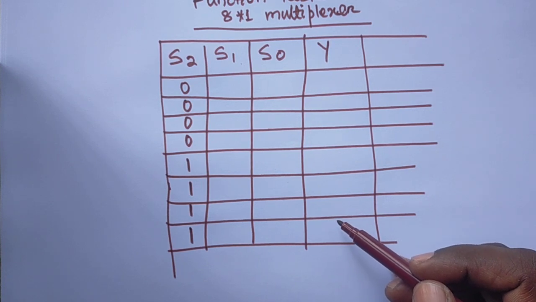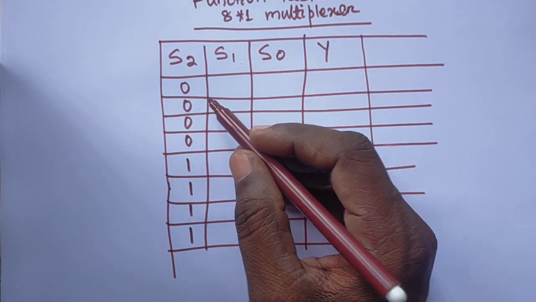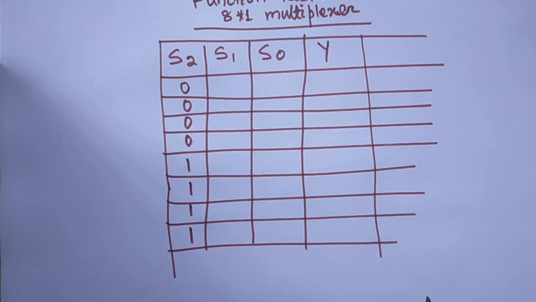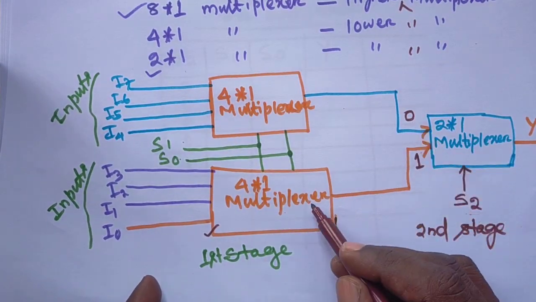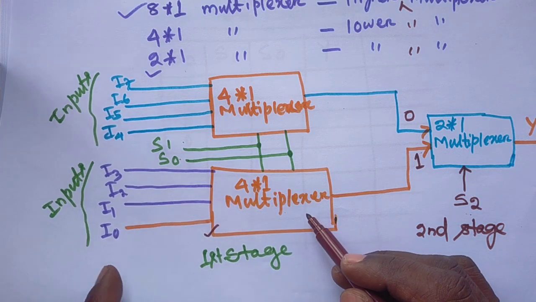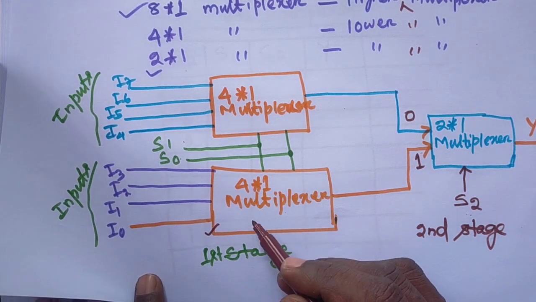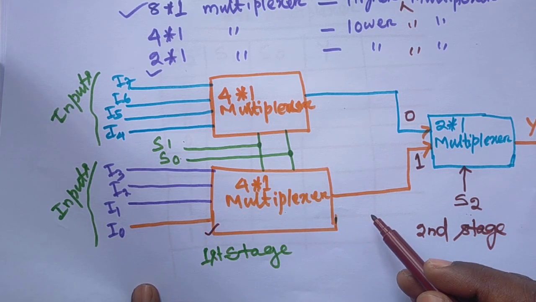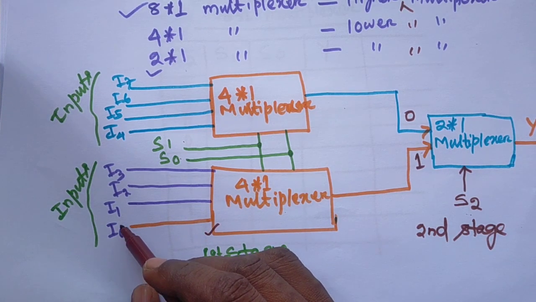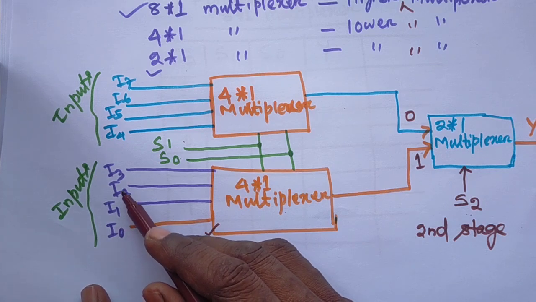Now we see, if it is 0, we activate this 4 to 1 multiplexer. Then what are the inputs and what are the outputs? The inputs are I0, I1, I2, I3.